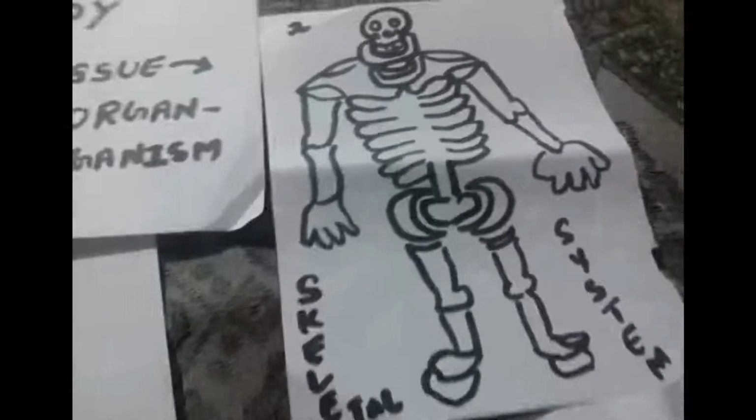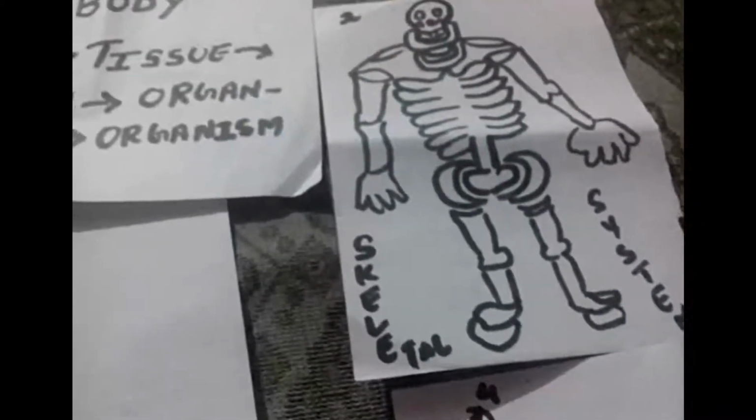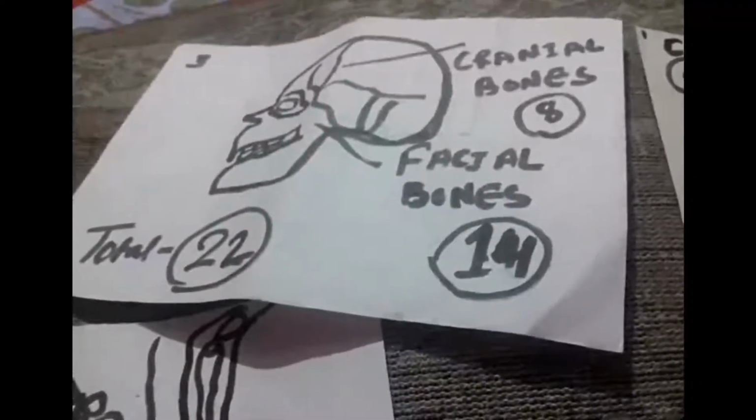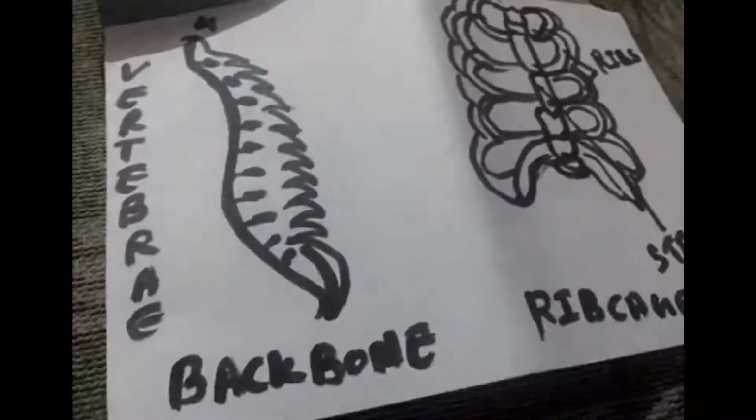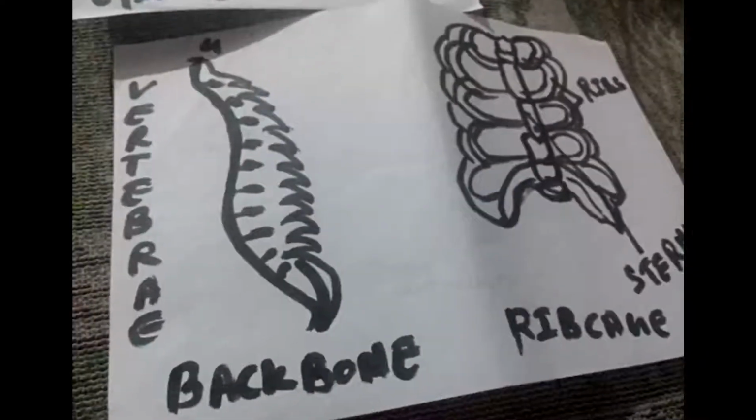Then we have seen the skeletal system, then the skull. After the skull we have seen the backbone and rib cage. After this we have seen the hind limb, hinge joint and forelimb. Then next we have seen the ball and socket joint and the pivot joint, and last is the gliding joint.